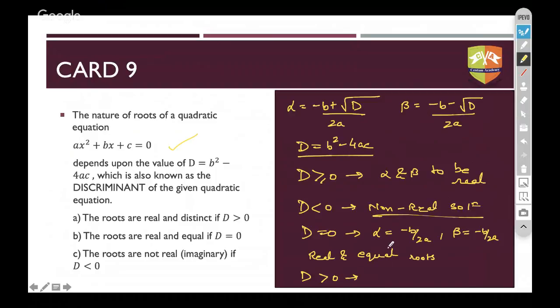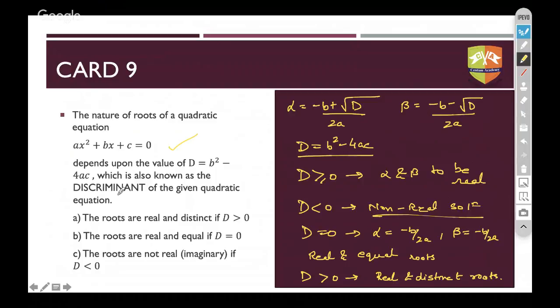In this case, you'll have two distinct values of alpha and beta, and we say that the equation has real and distinct, or real and different, roots. Real and distinct is the term. So you will get two roots which are different from each other.